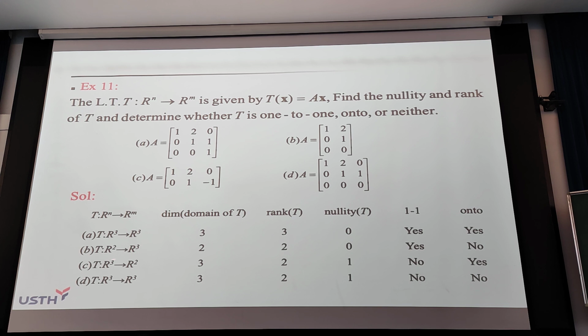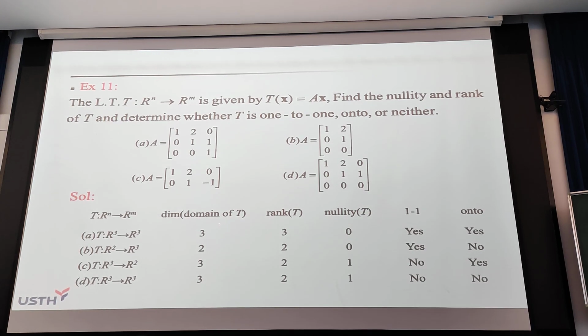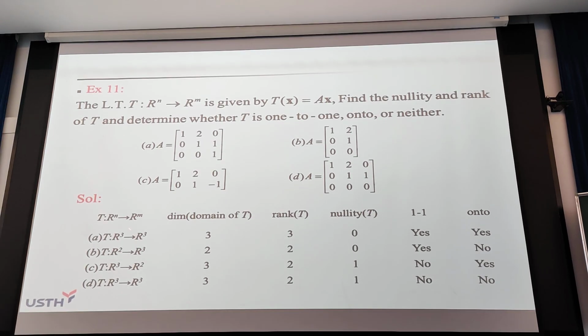That one will go from R3 into R2, and the last one will go from R3 into R3. Then the second column here will give you the dimension of the domain. The domain is here, so the dimensions will be 3, 2, 3, and 3.